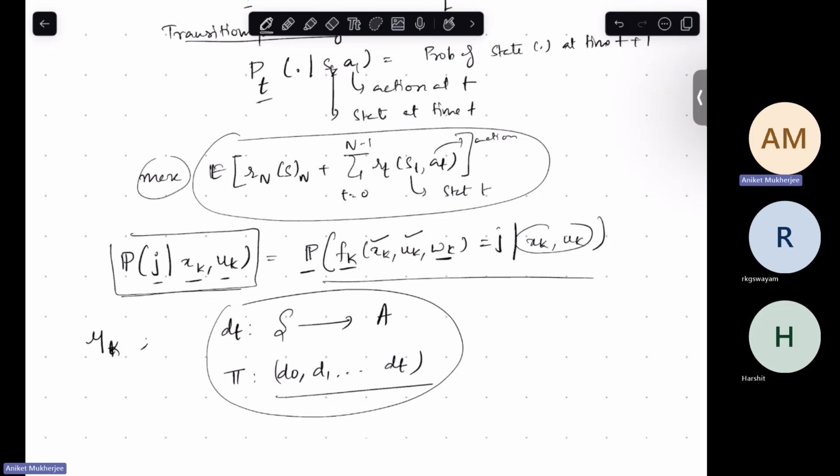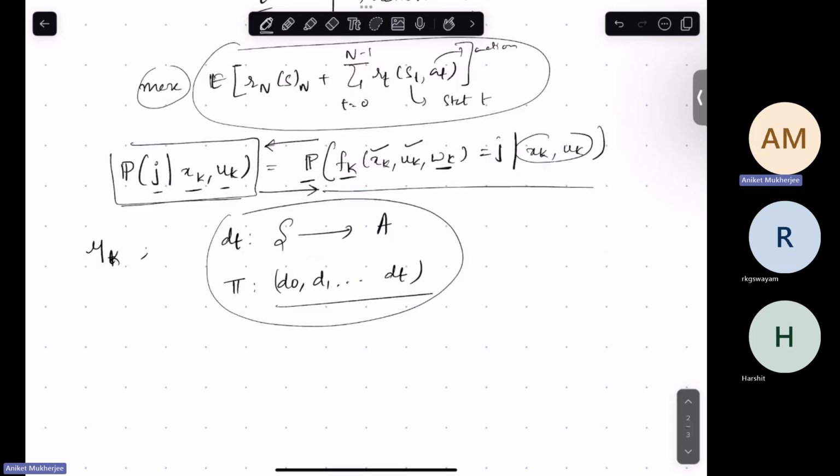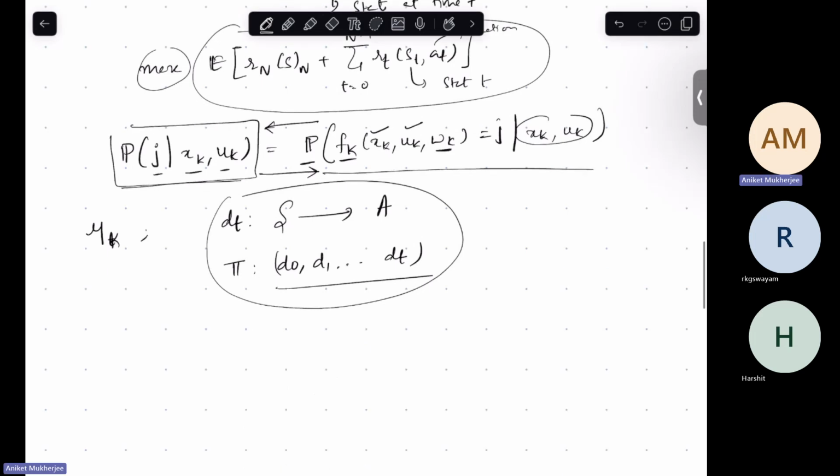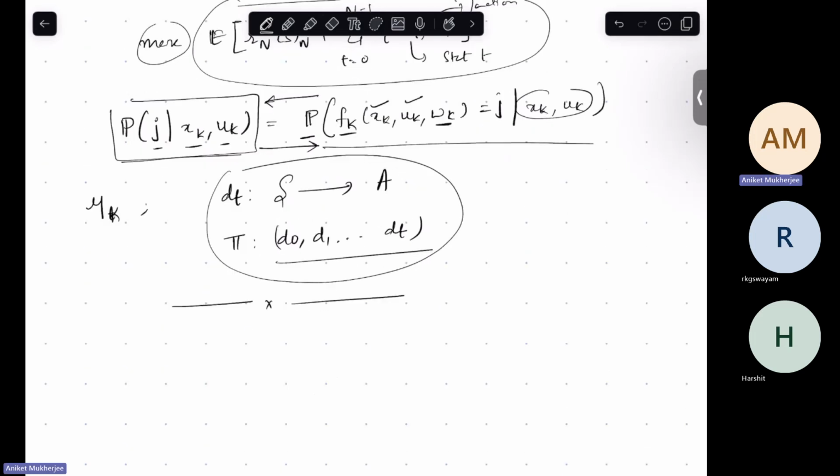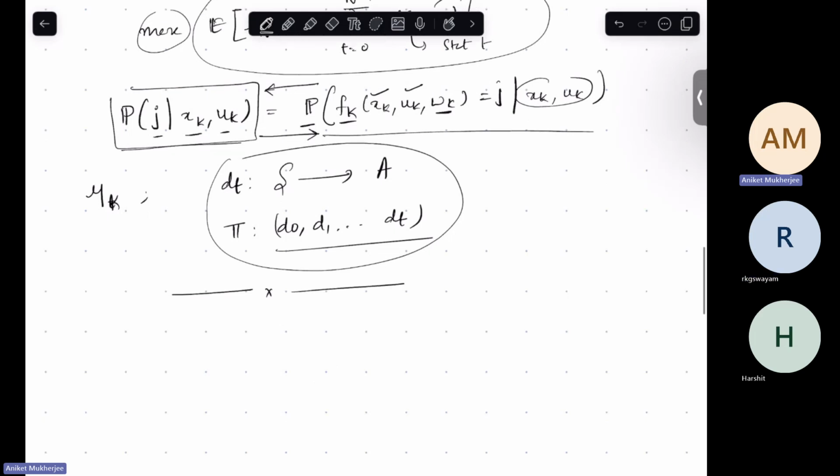If you know the dynamics, you can go to transition probabilities. If you know the transition probabilities, you can somehow come up with the system dynamics, but you need some assumptions. You need Markovity and all that. We'll deal with it when it comes up. Okay, so I'll end this here now.